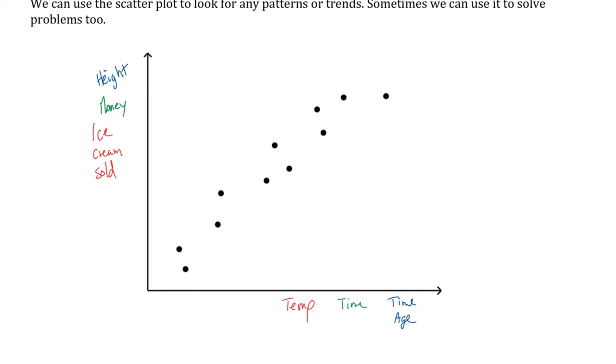In the winter, you might sell a little bit of ice cream. People still like to buy ice cream, but in the summer, you're going to sell more. So the amount of ice cream sold goes up as it gets hotter. That's another example that doesn't involve time, but it would have a relationship there. We could describe it by saying as temperature increases, the amount of ice cream sold increases, or more ice cream is sold when it's hotter.